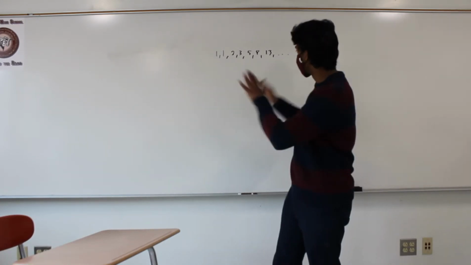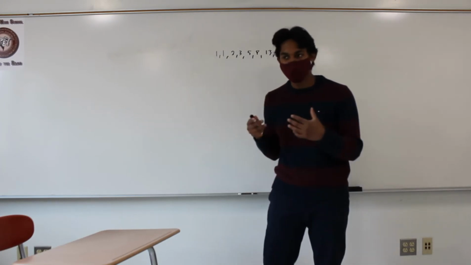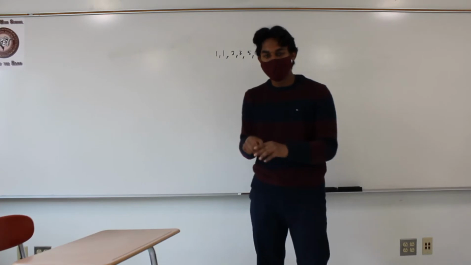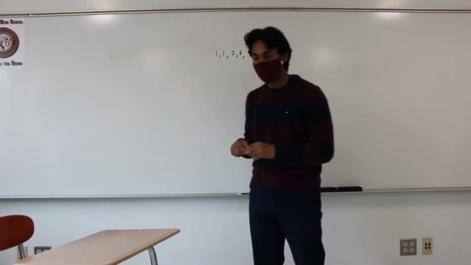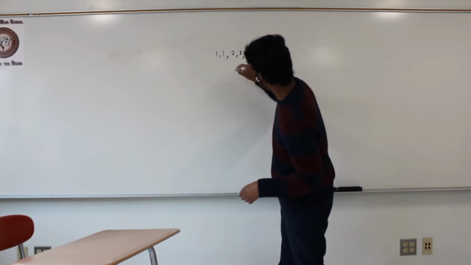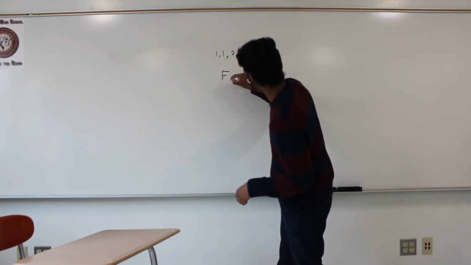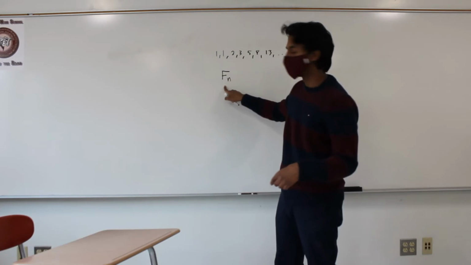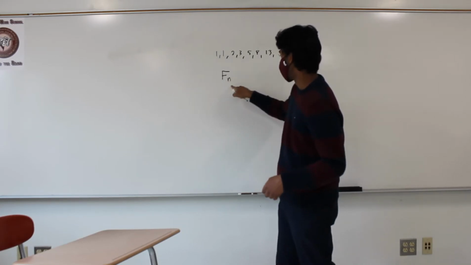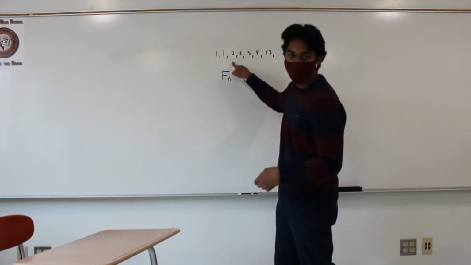It sounds kind of simple, but when you look into how much math has been done about this, it's really incredible. One super amazing result that was discovered was this. F sub n is the nth Fibonacci number, and there's a big formula for it. If you plug in n is 3, you get 2.